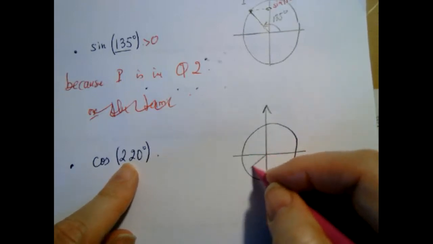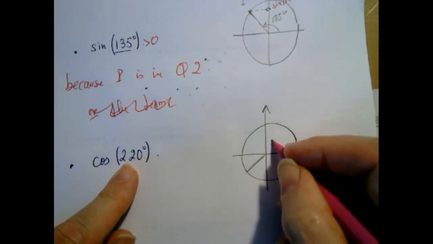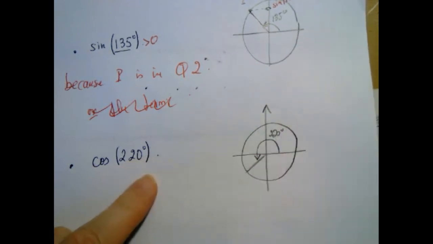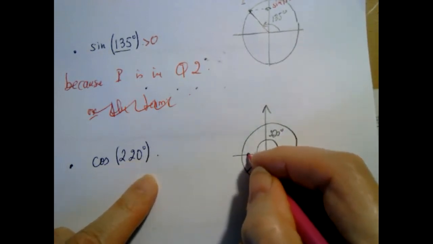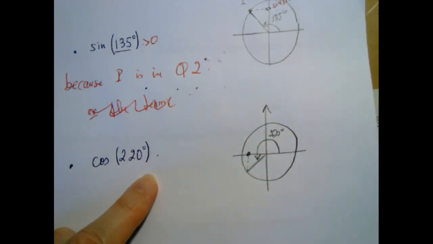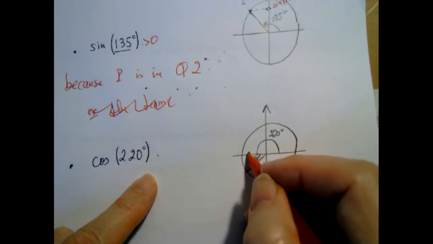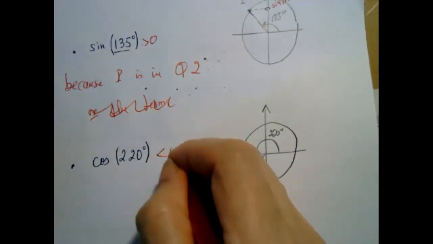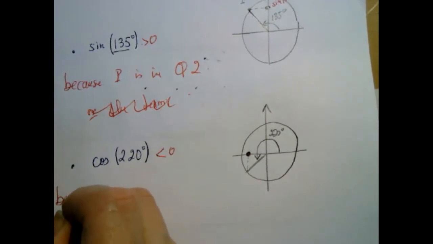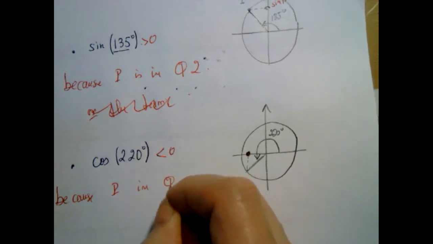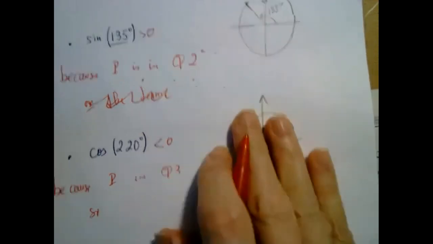So 220 is somewhere right there. So that's 220 degrees from here all the way there. The cosine is the x coordinate right there. That's the cosine. So this number here, if I had good measurement, is the cosine. So that's negative because the point P is in quadrant 3. So the x coordinate is negative.